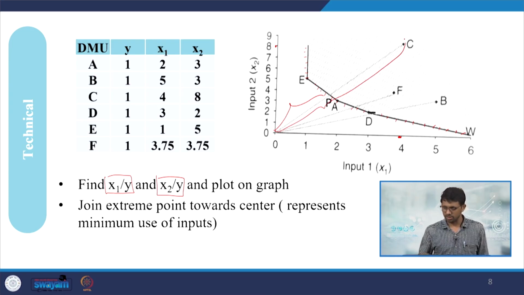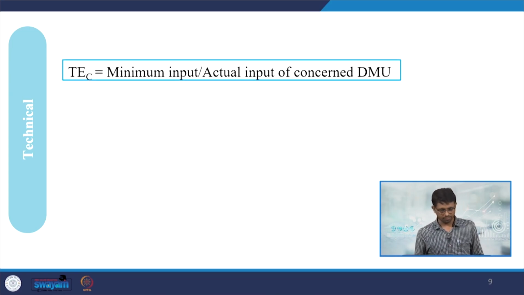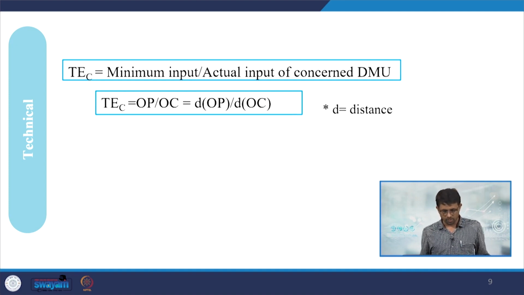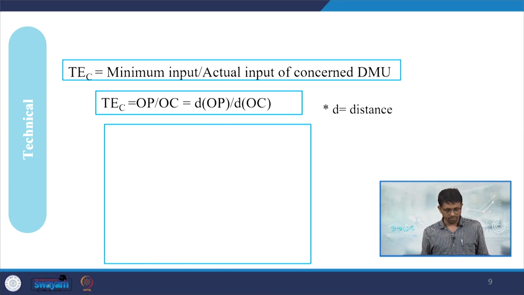Okay, this is the one, OP by OC, and here we are actually calculating the distance. D stands for the distance. So the lower it is, the better.